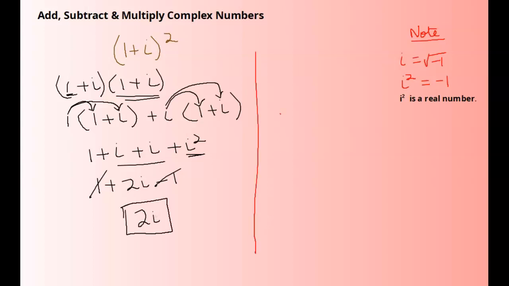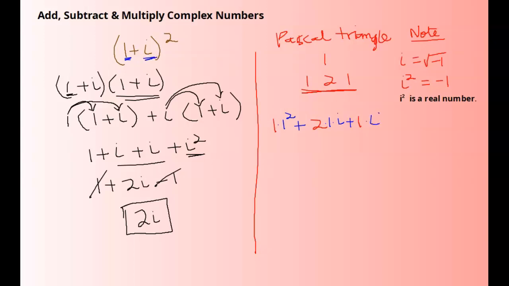You can also use Pascal's. If you remember Pascal, we have 1 and then we have 1, 2, 1. So here, if we remember our Pascal's triangle principle, we can use it to do this one. It's of second degree, so we're going to use the coefficients of 1, 2, 1. So 1, 2, 1, and then this 1 here, we'll take all of it, so times 1 squared, then you bring your plus, and then when we come here, it's times 1 and times i, have our plus here, and then here just take all of it, so i squared.